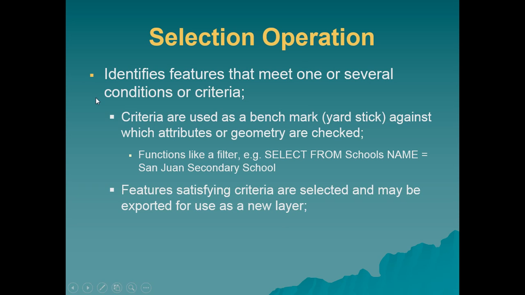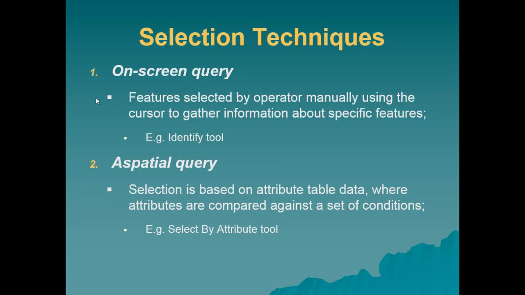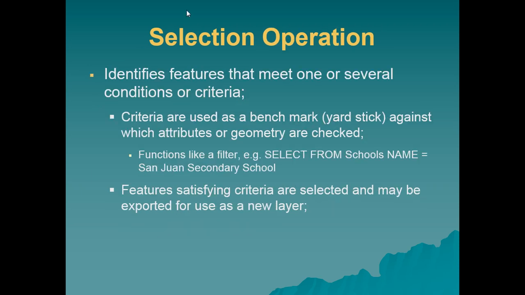If you're doing a spatial query using your select by attribute tool, this operation normally identifies features that meet one or several criteria. So what do we mean by criteria or conditions? Criteria are used as a benchmark or a yardstick against which attributes or geometry are checked.